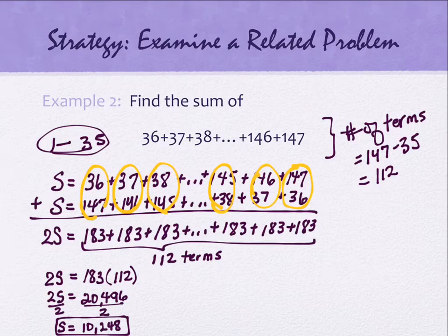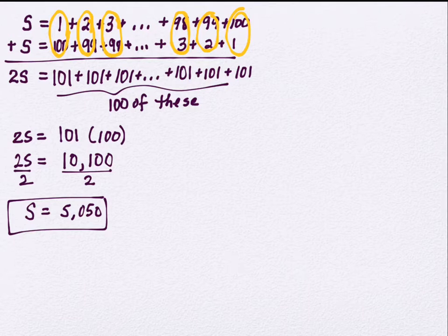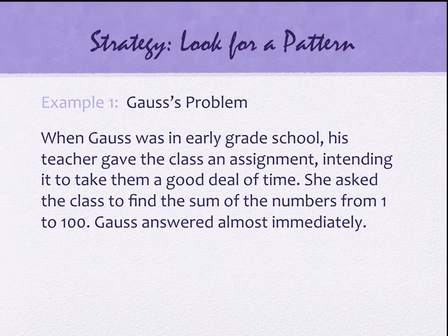Okay, now let me just talk in general, though. Both of these lists of numbers included all the numbers between the first number and the last one, right? I mean, there weren't any skipped or anything like that. Let's go back to this example because it's a little bit cleaner to talk about this way. What would happen if I had these numbers from 1 to 100, but I had only the evens? You'd only have half the numbers, right?